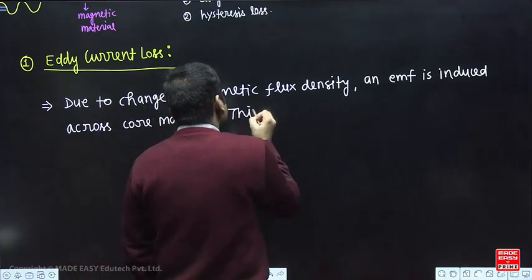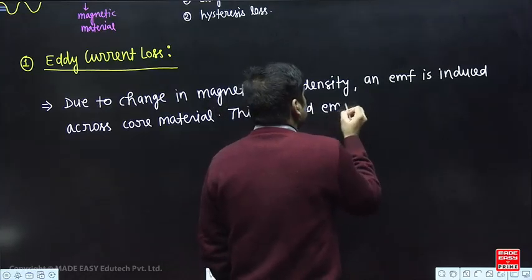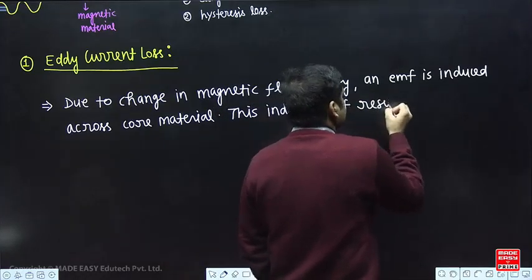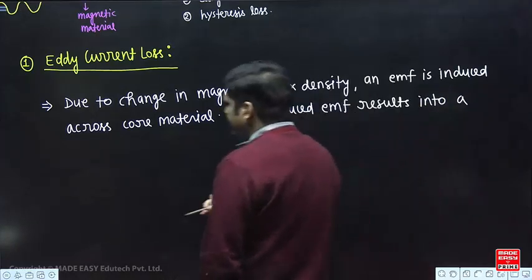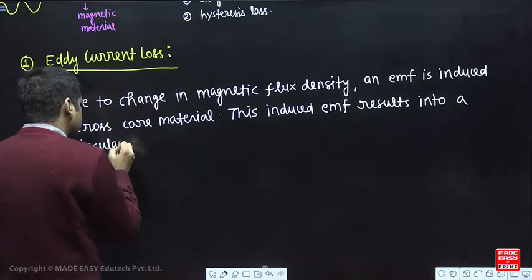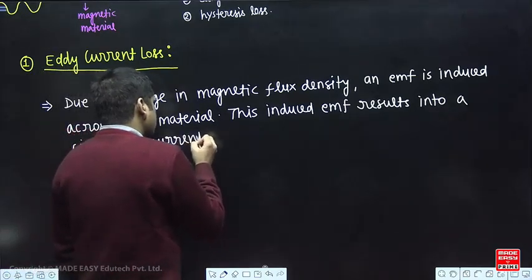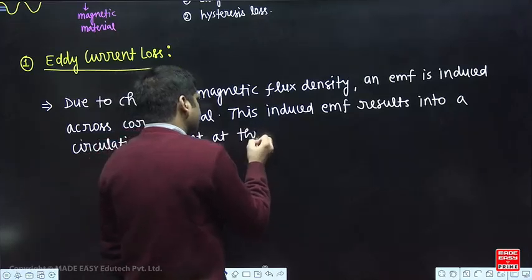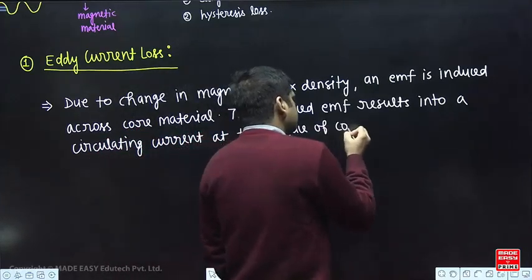This induced EMF results in a circulating current at the surface of the core material.